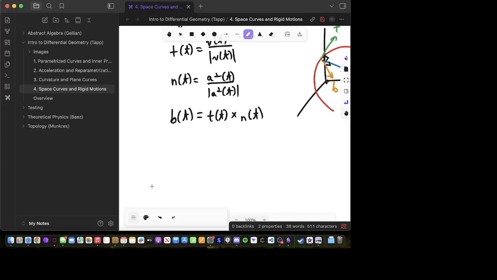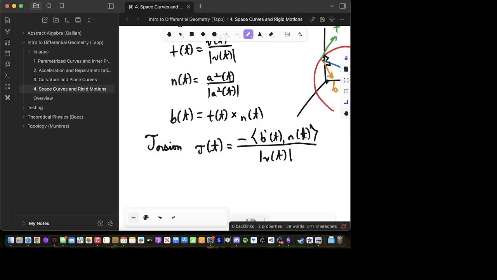We can also define something called the torsion. And it is essentially the negative of the derivative of the binormal and the normal over the magnitude of v.